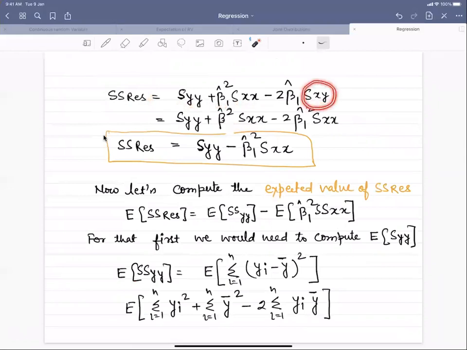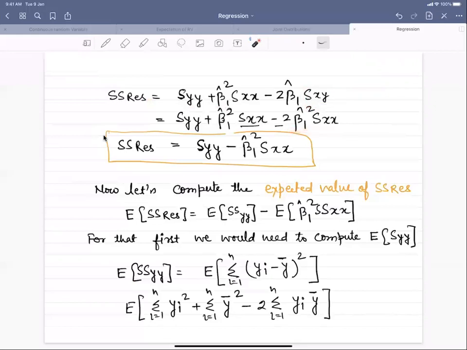And this can be written again in terms of beta 1 cap Sxx, because beta 1 cap was Sxy divided by Sxx. So Syy plus beta 1 square Sxx minus twice beta 1, beta 1 is already there, so it will be minus twice of beta 1 square Sxx.